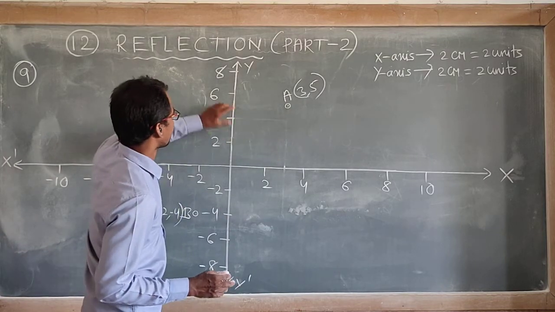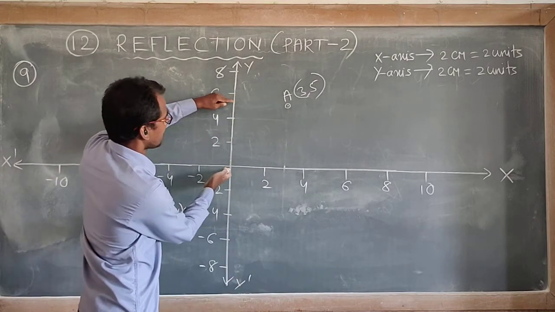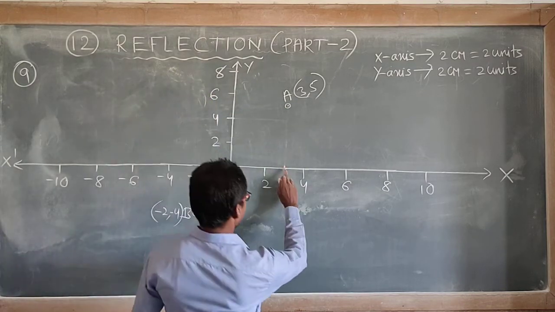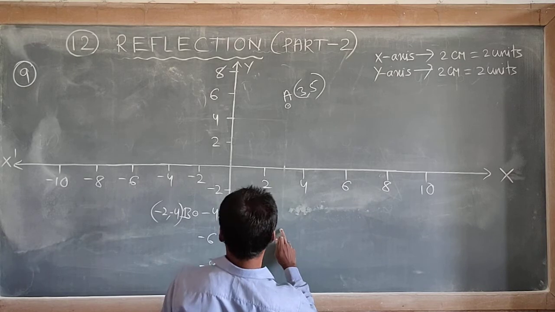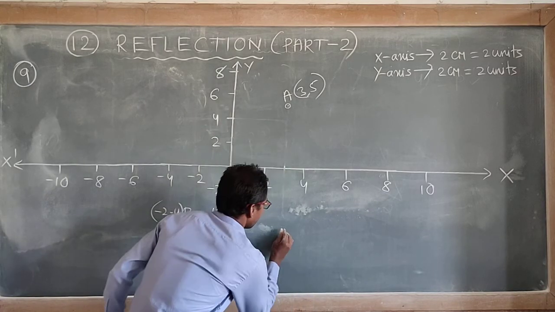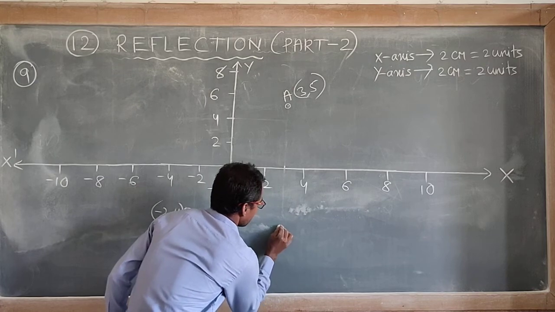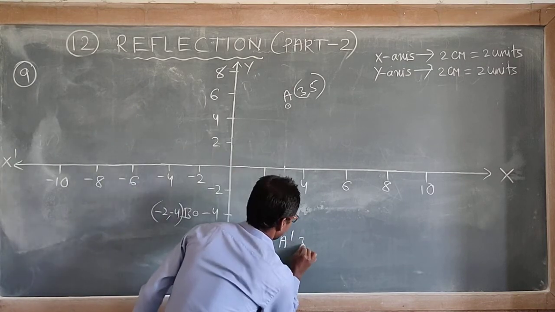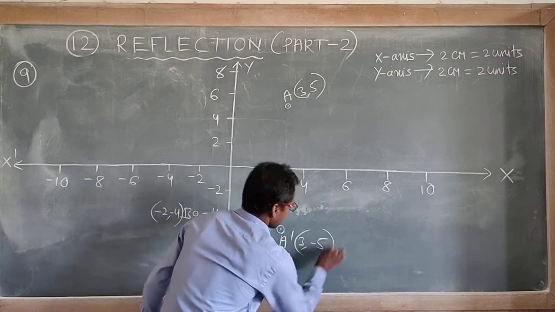Object distance is 5 units. So image distance will also be 5 units. So this is 3, minus 5.